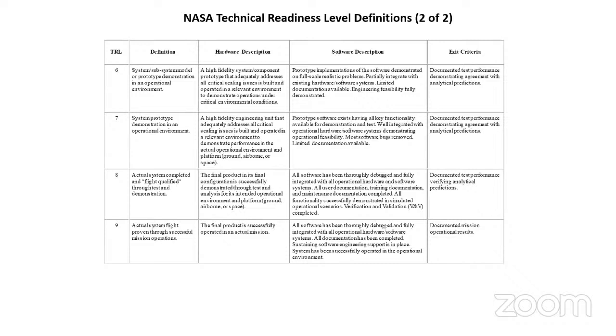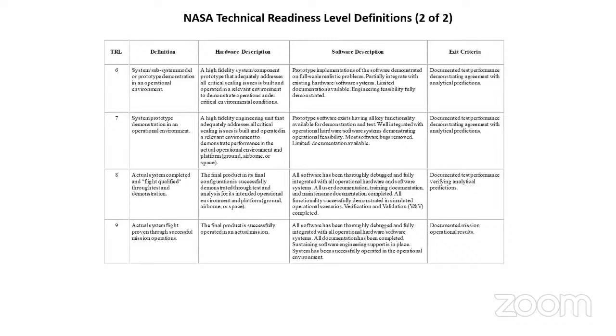The eighth one that we have is actual system completed and qualified through testing and demonstration. The hardware description is that the final product in its final configuration is successfully demonstrated through test and analysis for its intended operational environment and platforms, for example ground, airborne, or space.